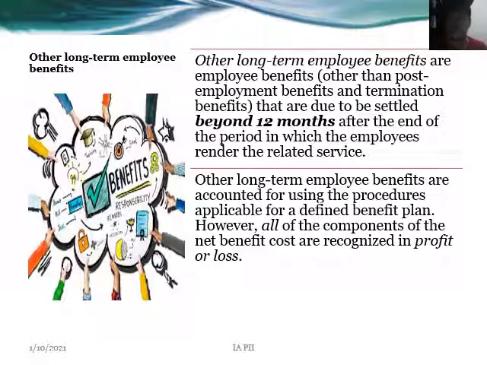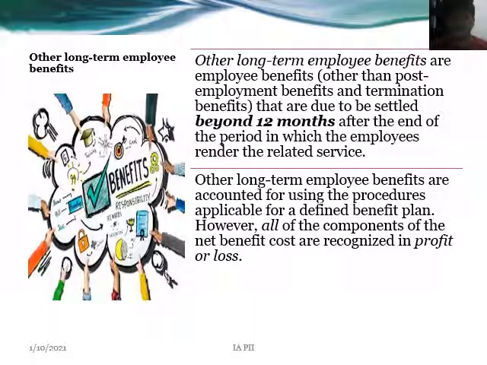After the short term, it is a bit longer. So, it is long term because it is not immediately, not within the 12 months itself, not within the accounting period itself, but in the next 12 months. So, it is still long term. So, don't be confused. After the end of the period in which the employees render the related services.